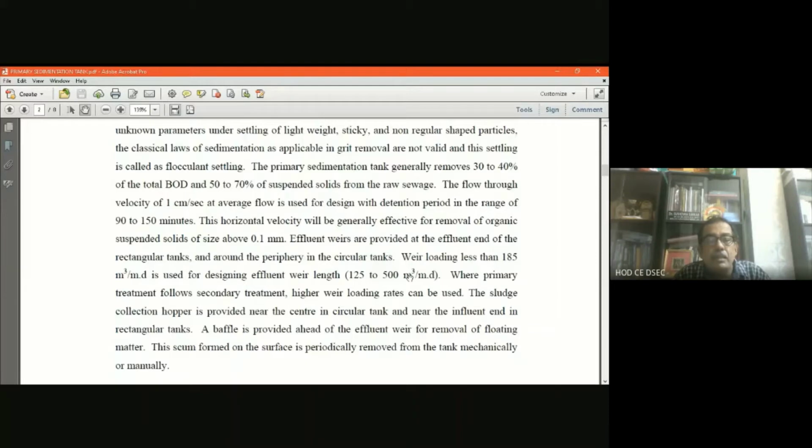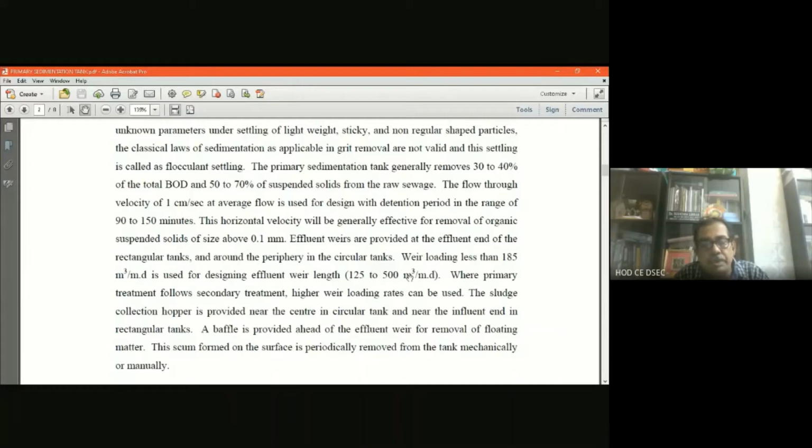Now, in the case of a circular tank, the collection hopper is located at the center. In the case of a rectangular tank, it is at the inlet end. I will show you in the figures how the hoppers are located in the central portion of the circular tank, and in the rectangular tank how it is located in the inlet zone.